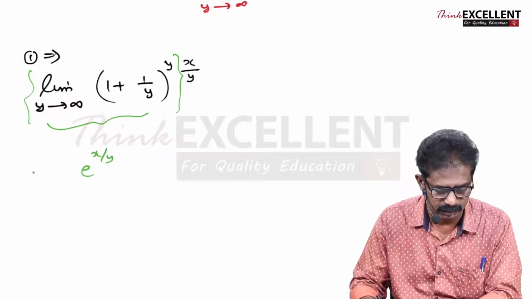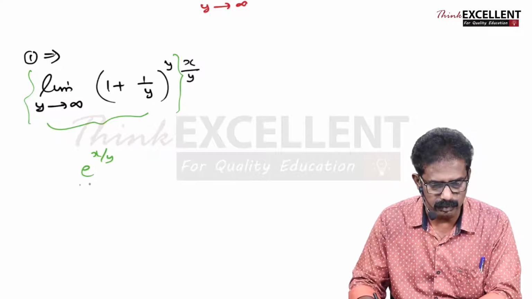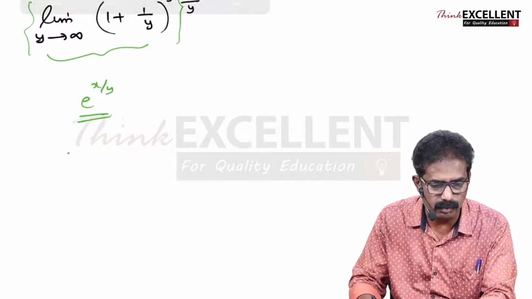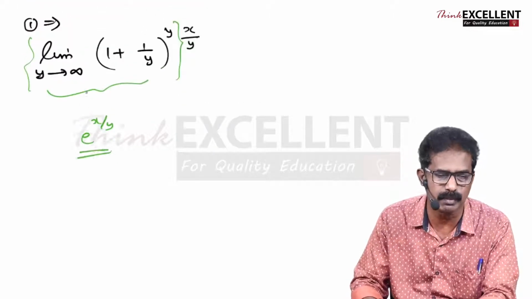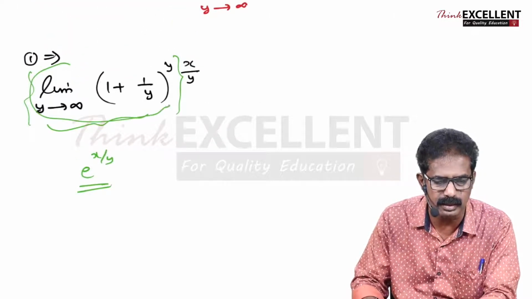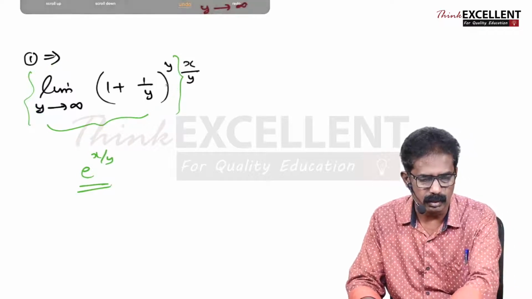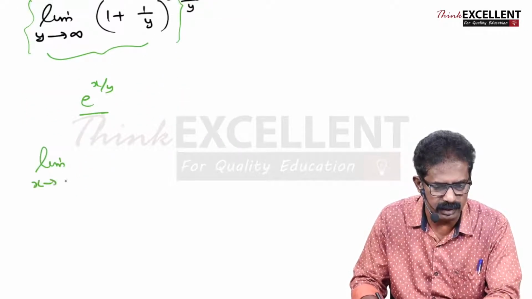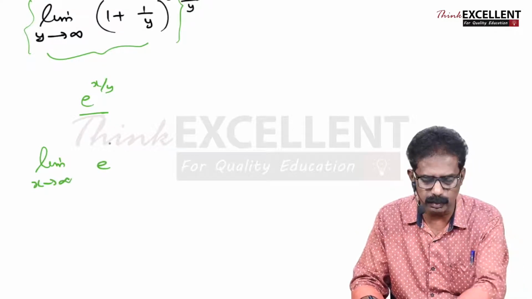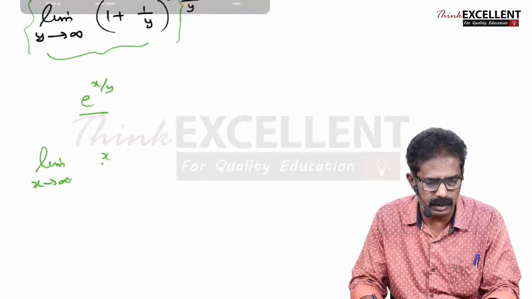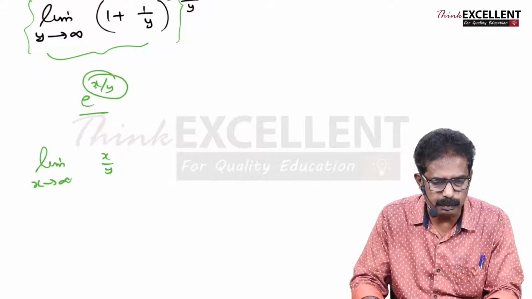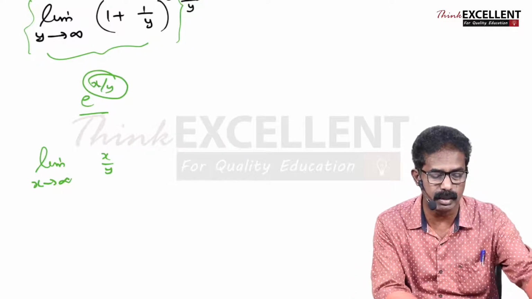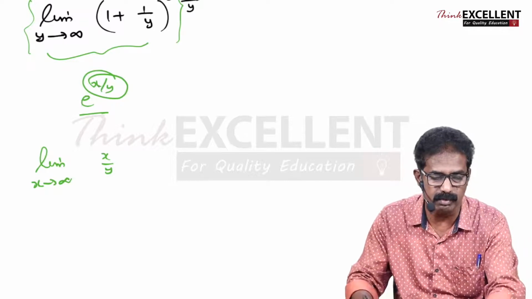Since we have x, y, everything, now for this you take a limit, because this one is the same as e. So now limit x tends to infinity, e raised to x by y. For that, better you find x by y separately. For this power you apply the limit, then e raised to that answer, okay? Limit x tends to infinity, x by y you find out.